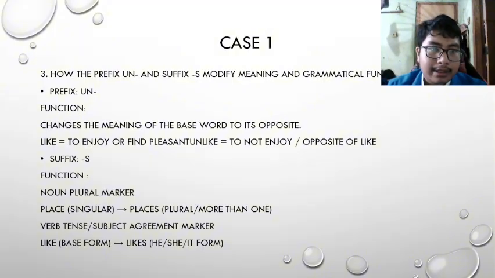Suffix -s function is a plural marker. Place is singular, or becomes places, plural, more than one. Verb tense subject agreement marker: like is a base form and becomes likes, the he, she, or it form.